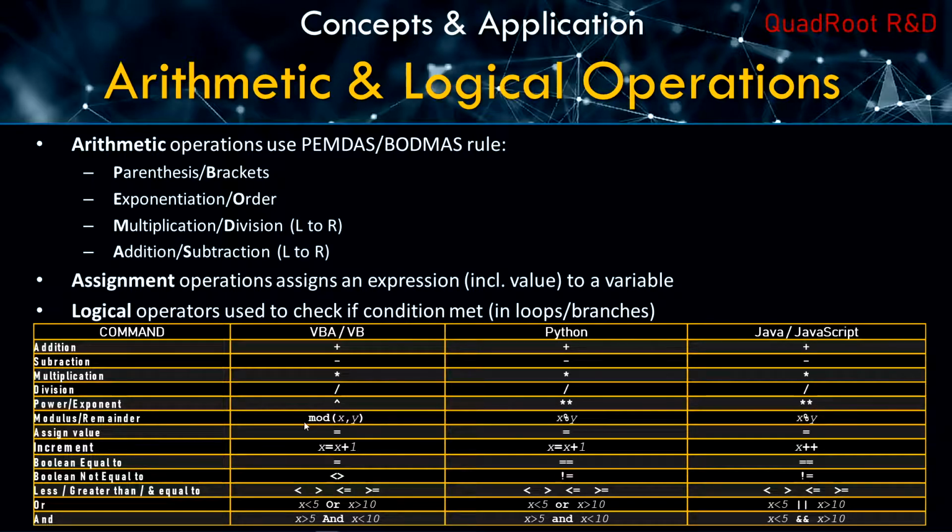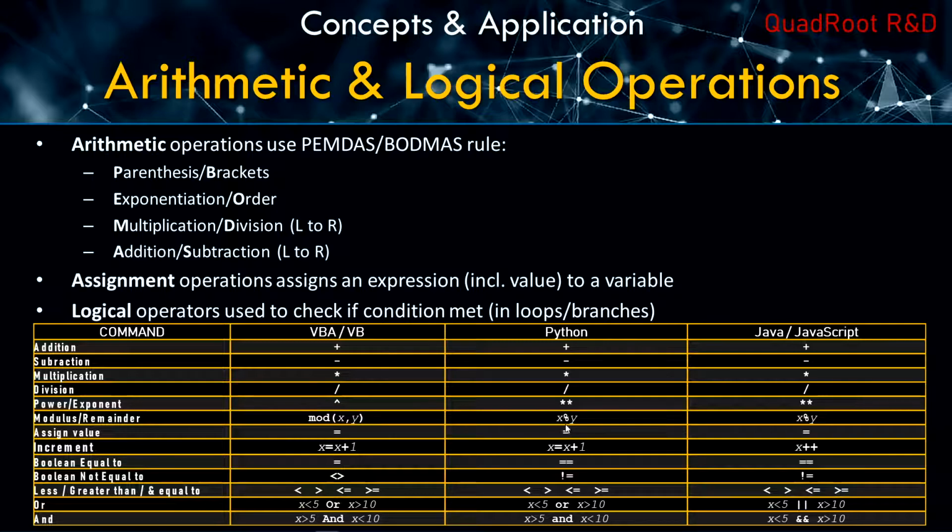For the remainder, VBA does not have an operator, but it has a built-in function called mod. You use mod and then the number to be divided and the divisor. Say 5 and 2, mod of 5 and 2 would be 1, which means the remainder of 5 divided by 2 would be 1.